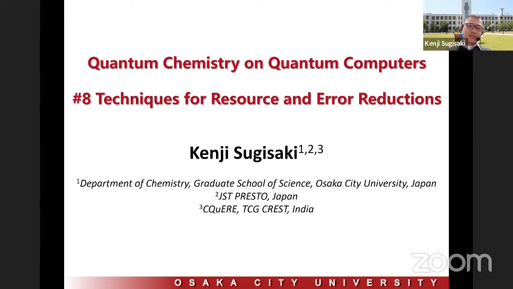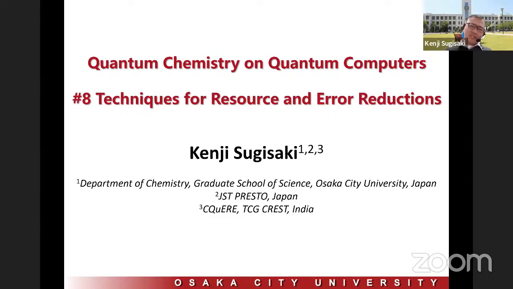First, I would like to discuss how to reduce the number of qubits for wave function storage. Next, I want to discuss the quantum gate reduction, or how to make the quantum circuit shallower. And another topic is the total error reduction.